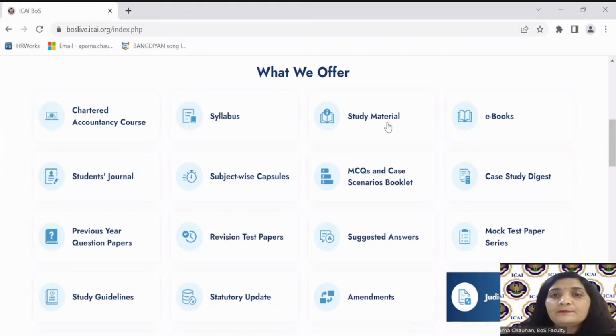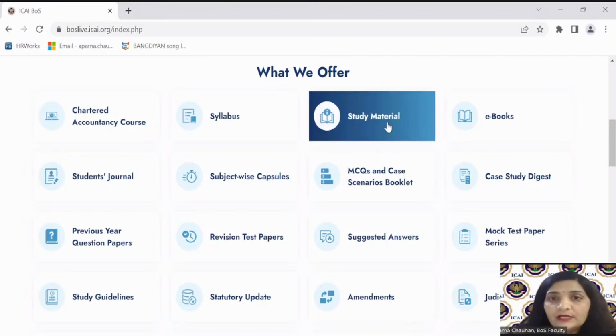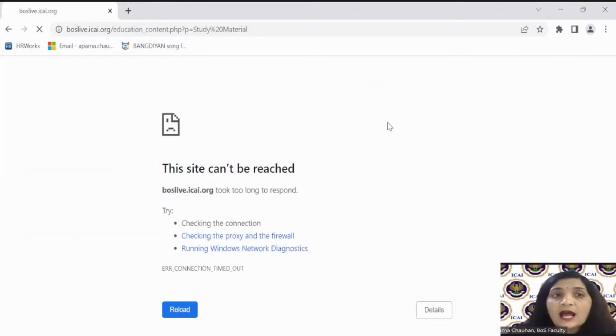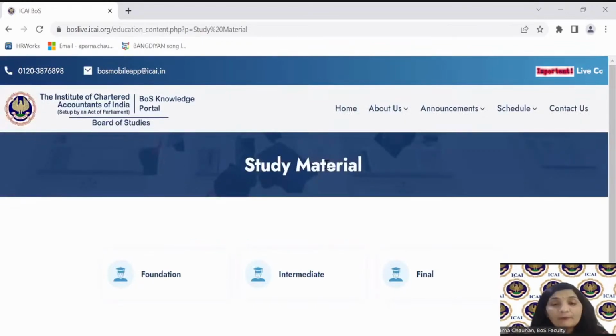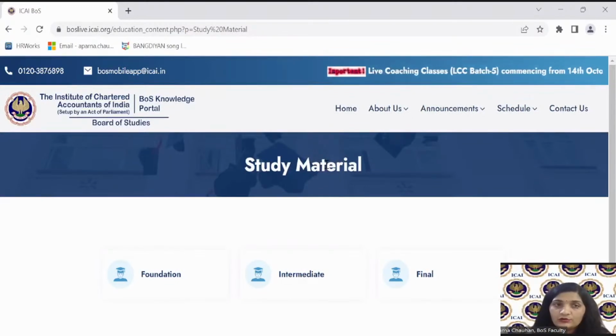So please purchase a new study material which is relevant for the May 23 exams. If you are having an old edition, which is relevant for November 22 exams, of course, the syllabus is same, but there are many amendments which have taken place by the Finance Act 22. So it is advisable for students to please purchase a new study material.